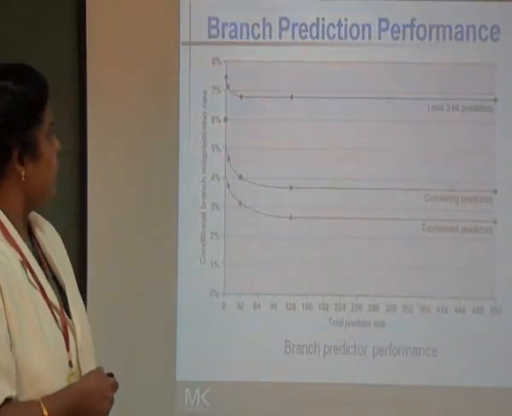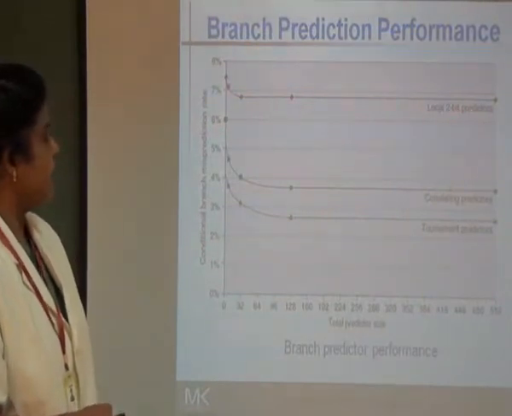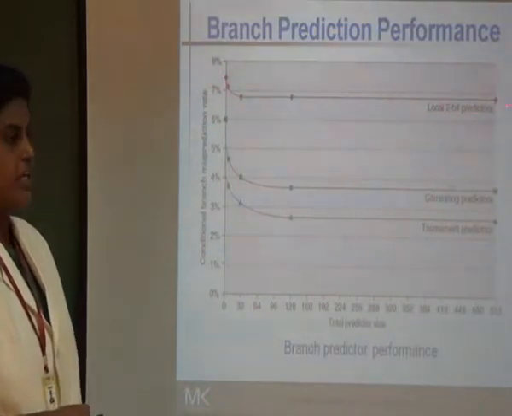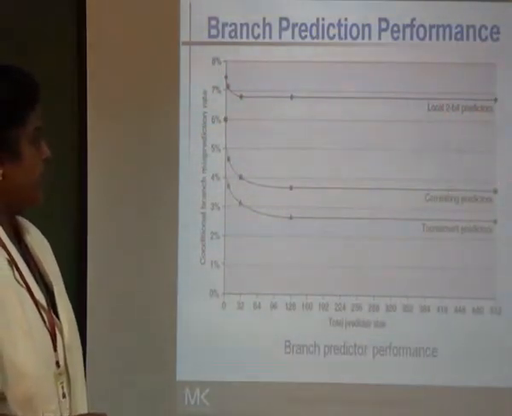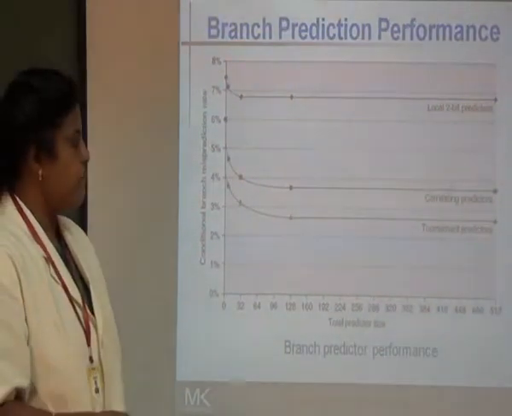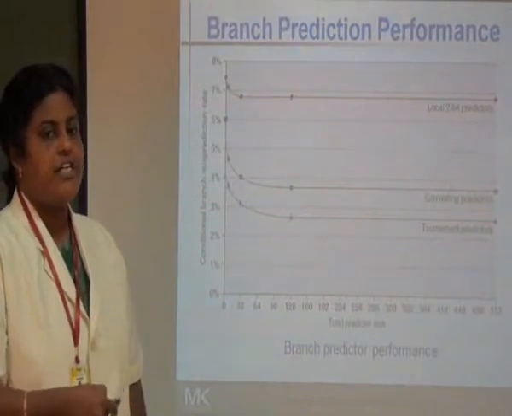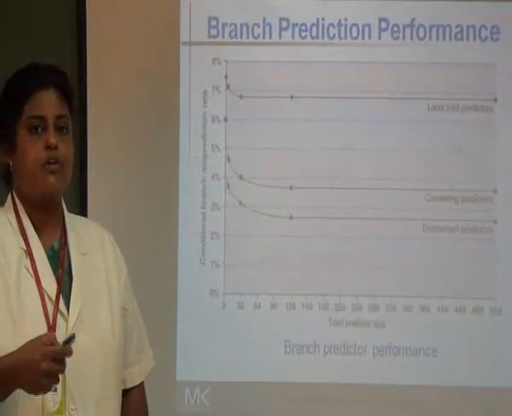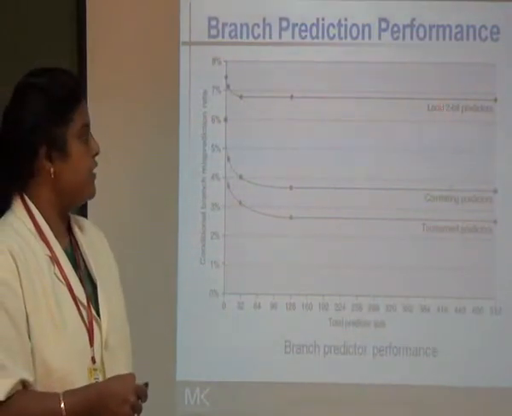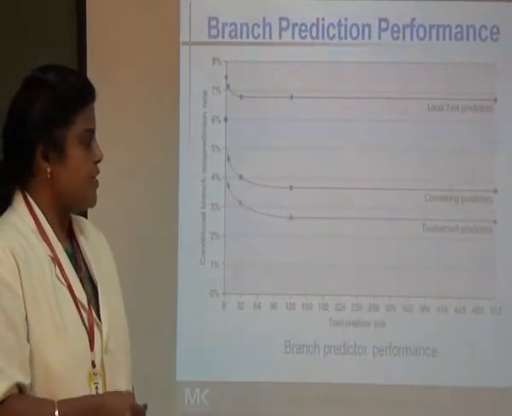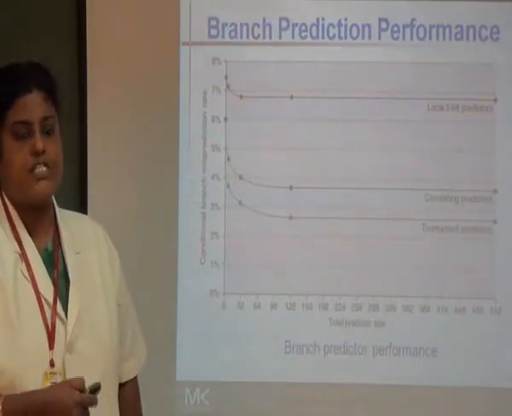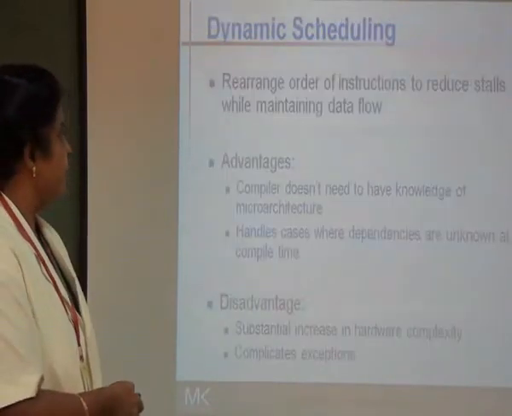We find that the local 2-bit predictors have a misprediction rate of about 8 to 7%, followed by the correlating predictors, and the misprediction rate is minimum for the tournament predictor. Therefore, it is well known from the graph that we can combine the local 2-bit predictors and the correlating predictor into a tournament predictor to find the prediction values.